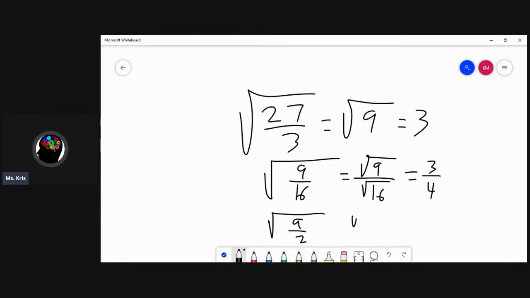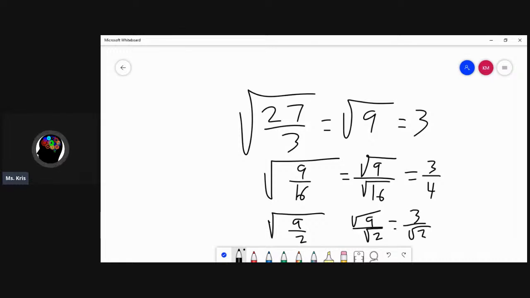Well, that can be broken down into the square root of 9 over the square root of 2. Now we know that the square root of 9 is 3, but the square root of 2 remains a square root because it is not rational. It's irrational, meaning if I take the square root of it, the decimal will not repeat and the decimal will not stop. Therefore, it remains a radical.